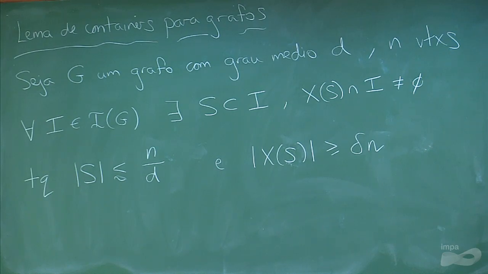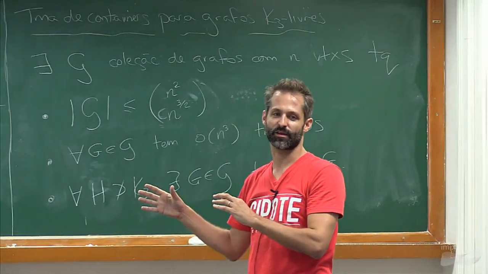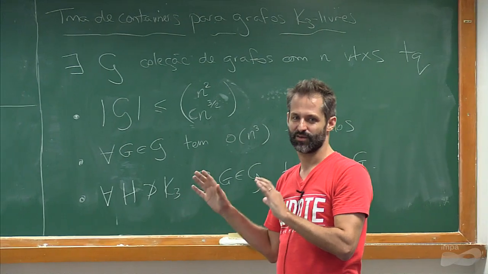It depends on I, but only through S. So in particular, two sets I and I prime with the same S will have the same X. If I and I prime both have the same fingerprint, then they must have the same container.